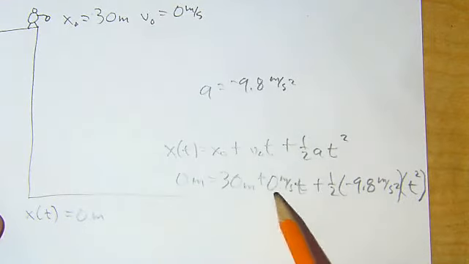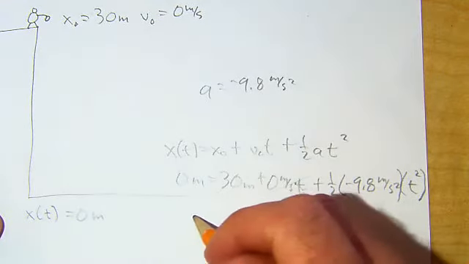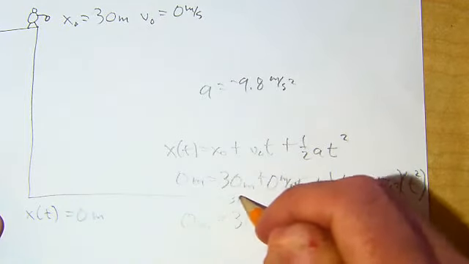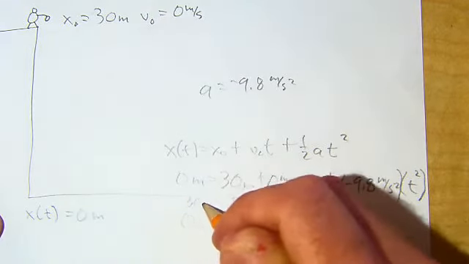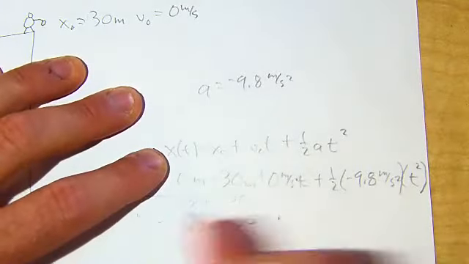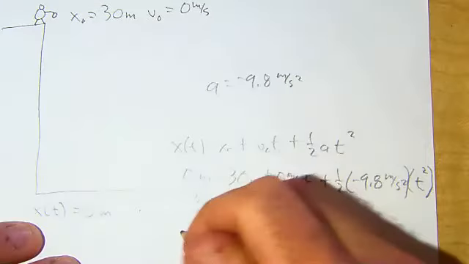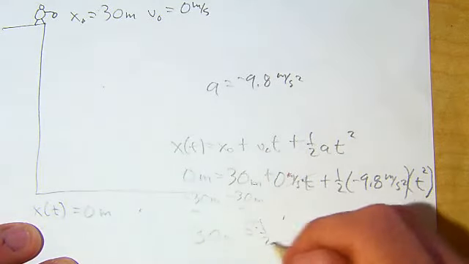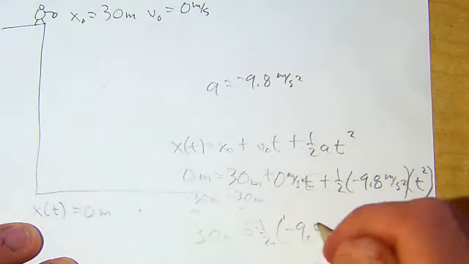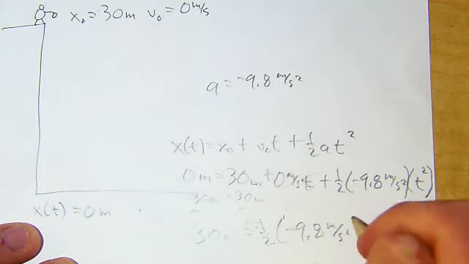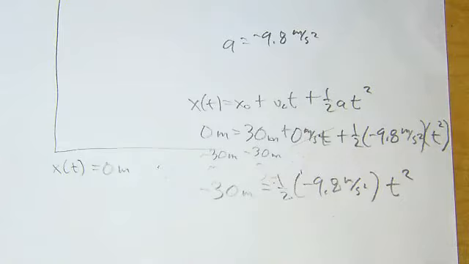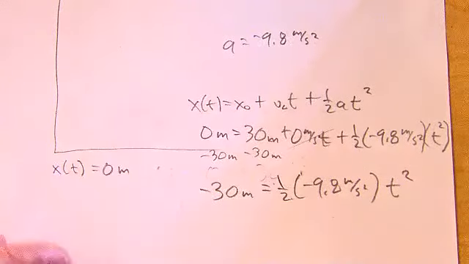All right, the good thing is this is gone, so that helps us out. I'm going to just subtract the 30 over already, make it a little easier actually. So we've got negative 30 meters on this side. We've got a half times negative 9.8 meters per second squared times t squared on this side. Let me turn this light off, see if it's easier. So there we go.